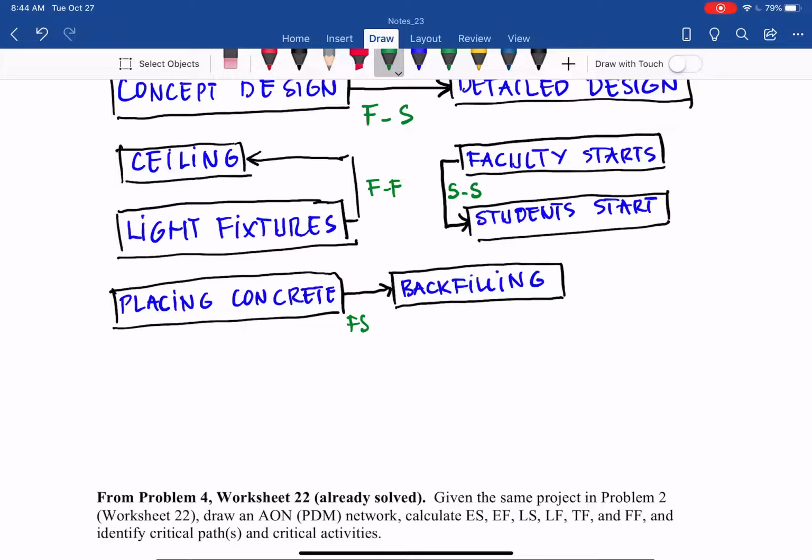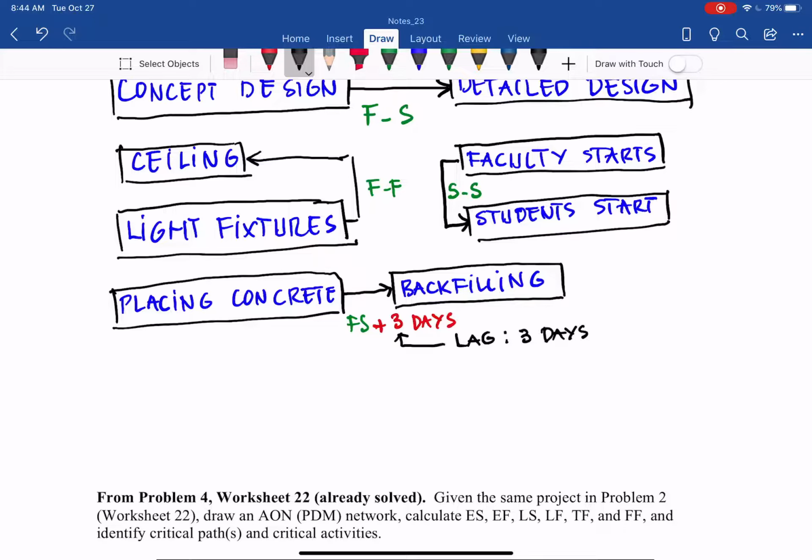Let's assume I have to wait 3 days, and that calls for a lag, which means I need to add 3 days here, and that you call lag 3 days. That's correct. After completing concrete, I need to wait for 3 days before doing backfilling. So lag 3 days.